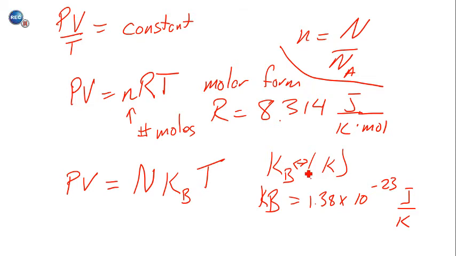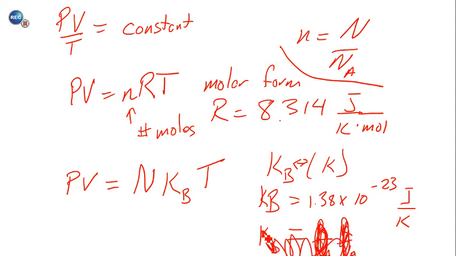It comes up in a few other contexts, so that's why we introduce it like this. The point of it is that we're talking about the number of molecules. The way we convert between these two, we're taking the number of moles and substituting in what the number of moles is, and so k for Boltzmann is R over Avogadro's number, R over N sub A. You can't see that.